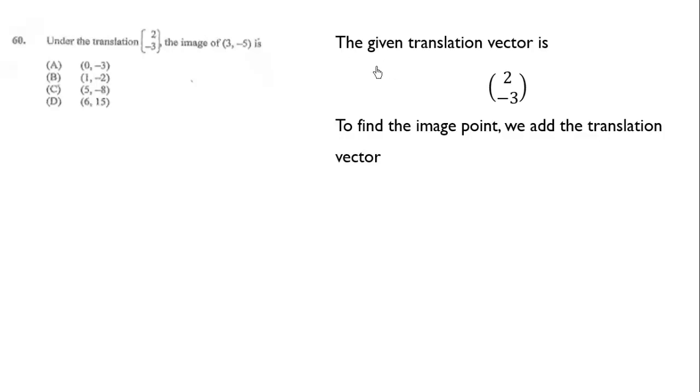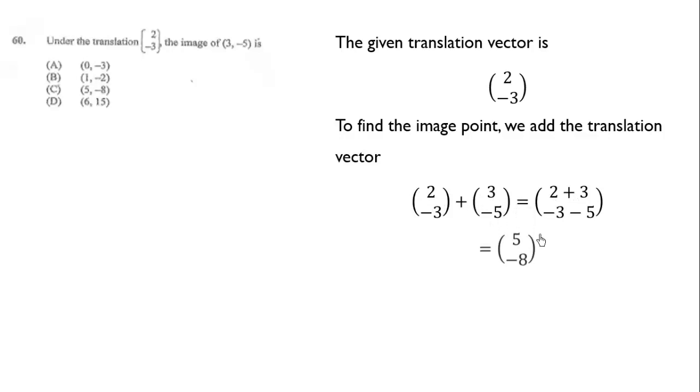The given point is 3, -5. We write that as a column vector to get 2, -3 plus 3, -5, and by addition of vectors we add corresponding coordinate components to get 2 plus 3, and that will give us 5, and -3 minus 5 is -8. So writing this as a point, we get 5, -8. Therefore, the correct answer is this.